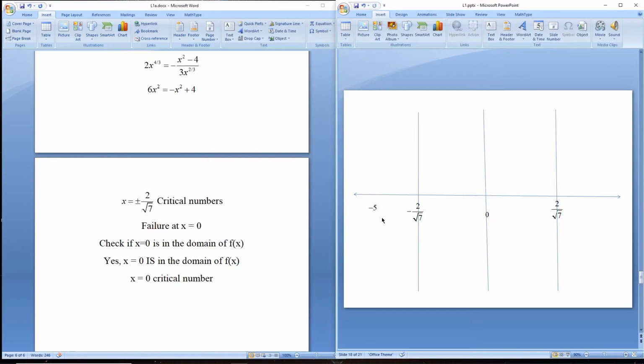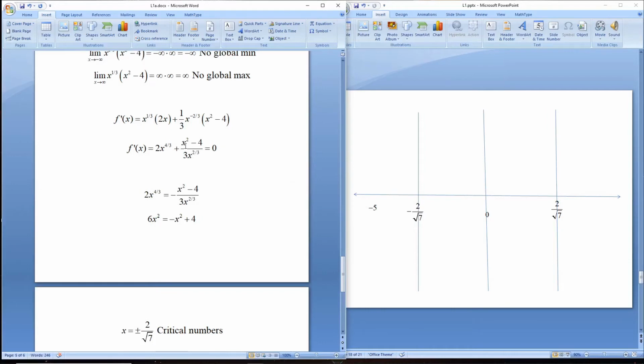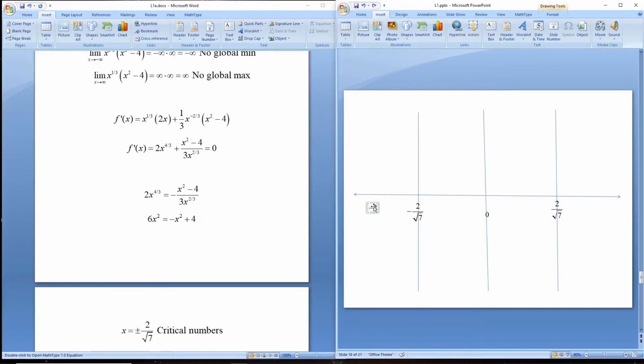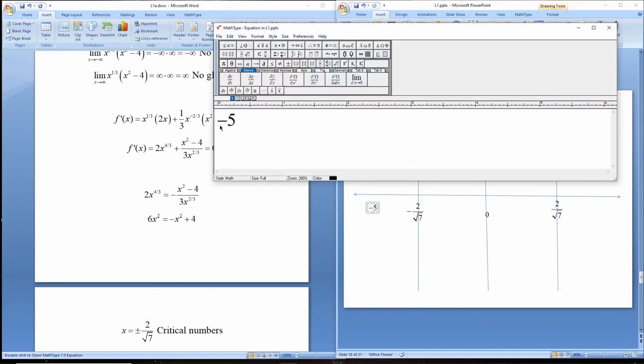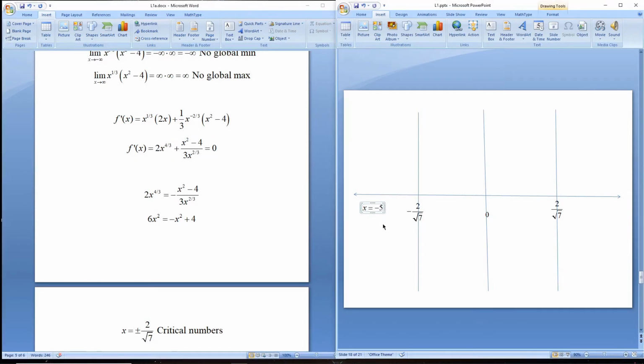And we're going to take minus 5 and now put it into the derivative. All right, so in the interest of video time, I'm just going to use a calculator here real fast to do these derivatives.